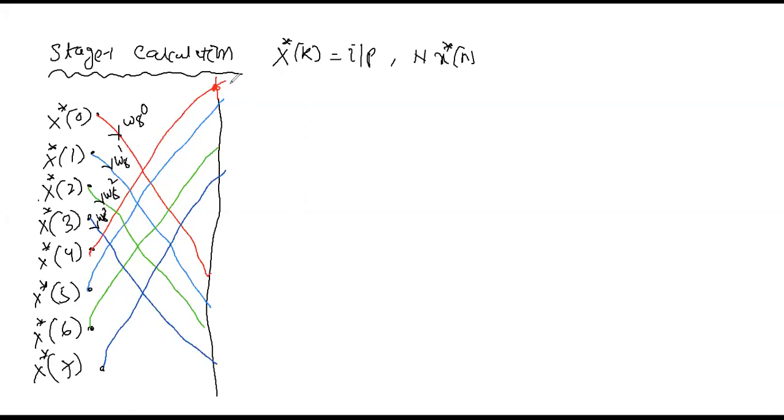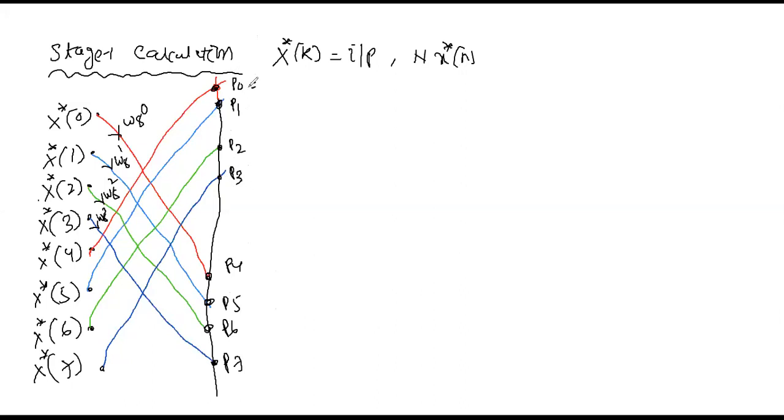Okay, let the stage 1 output be P0, P1, P2, P3, P4, P5, P6, and P7. Okay. Now it is very easy. Can you guide me? What is your P0?